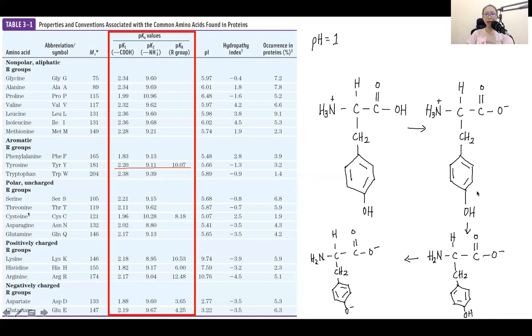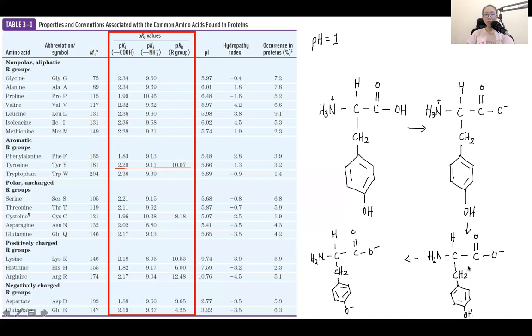Again, we continue to add base. So more of these will be converted into this until we reach a second equivalence point. At the second equivalence point, all of these are converted into this form of the molecule.